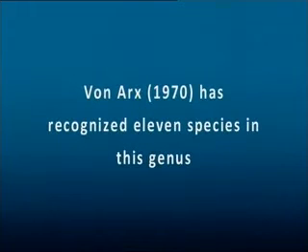Von Arx in 1970 recognized 11 species in this genus, which are parasitic on different plants. Colletotrichum is one of the most common and important genera of plant pathogenic fungi.